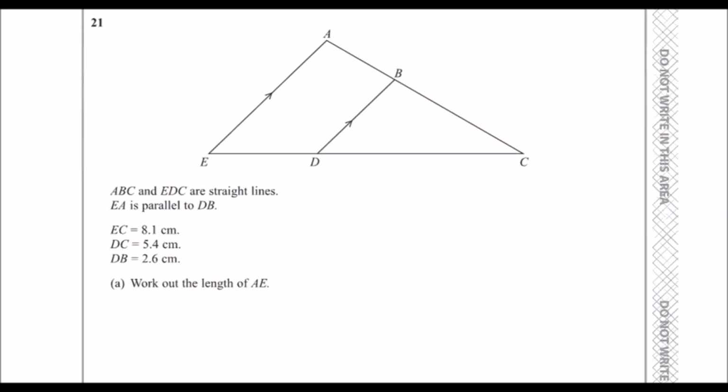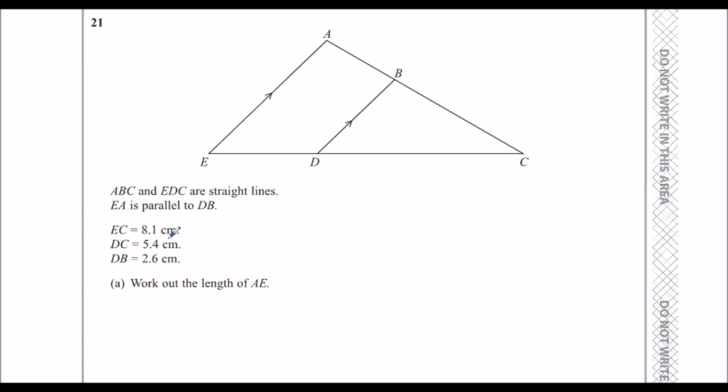Okay, question 21. So we've got two shapes here. We've got one shape in another shape. So we've got ABC and EDC are straight lines, and EA and DB are parallel. So we're given some lengths.